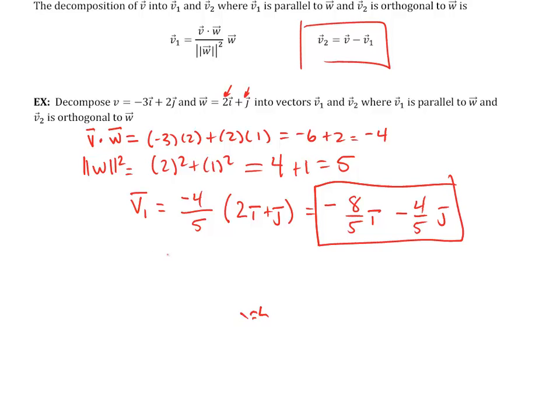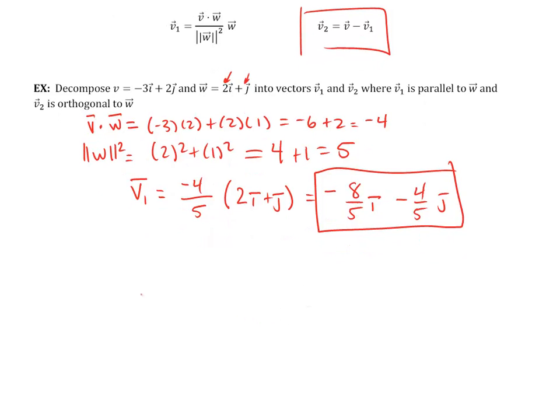And v2 is v minus v1, or negative 3i plus 2j minus negative 8/5 i minus 4/5 j.